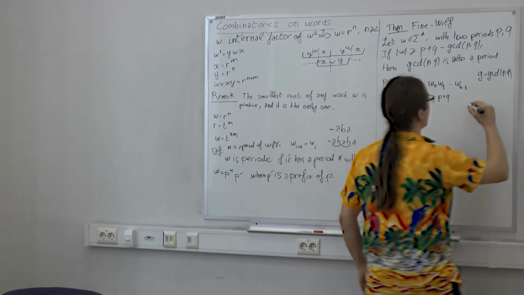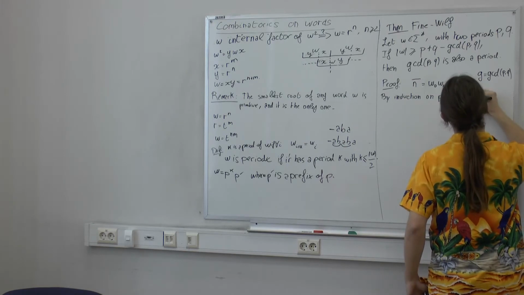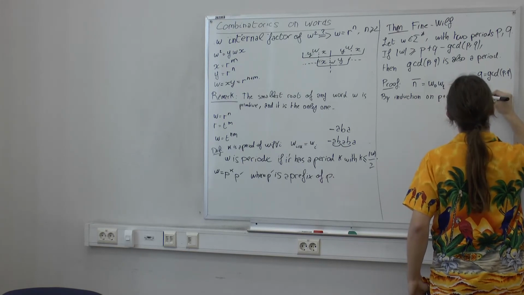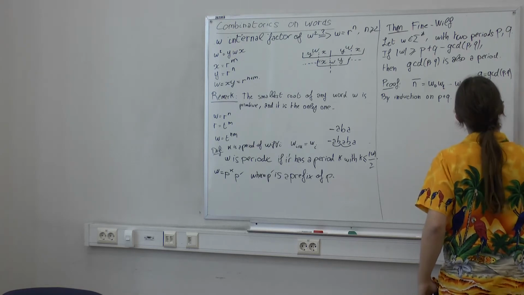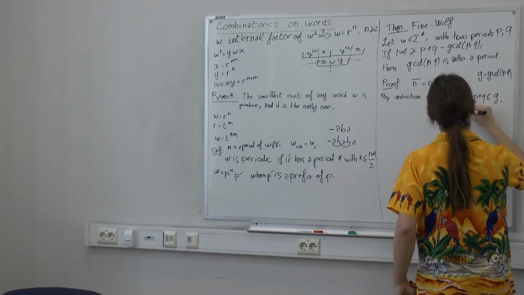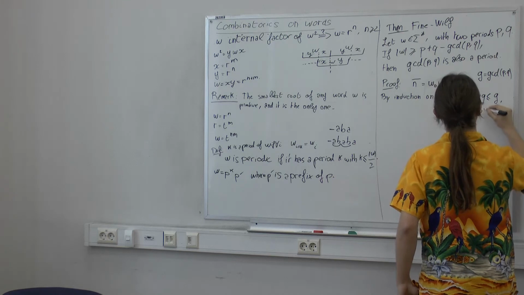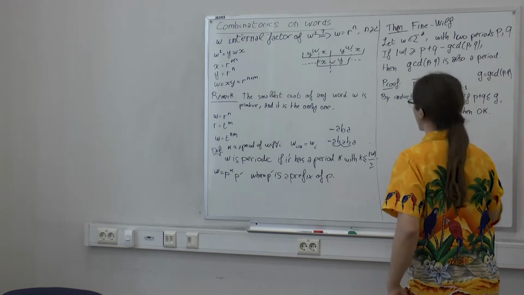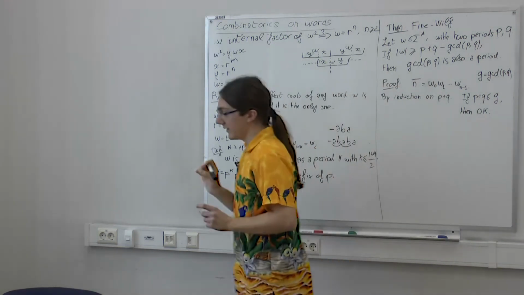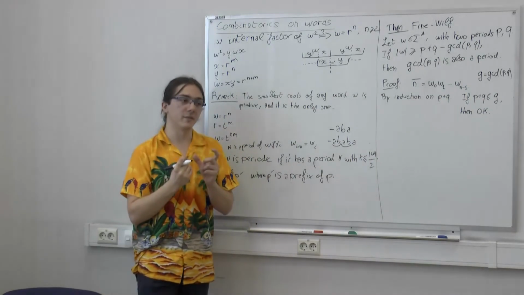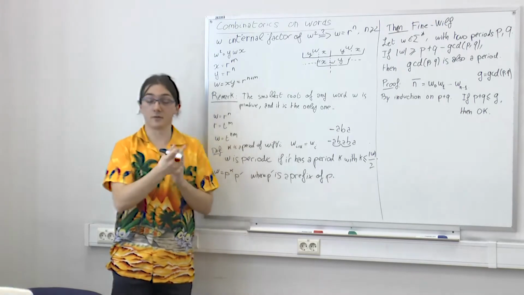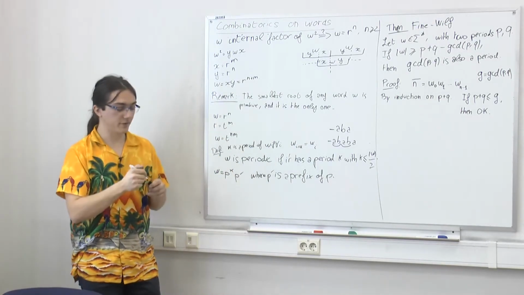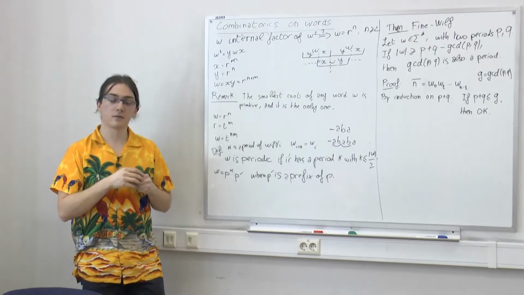So if P plus Q is smaller or equal to G, then you have nothing to do. Basically what I mean is that if already one period is a multiple of the other, then you have nothing to prove, because it's a self-referential statement, more or less.